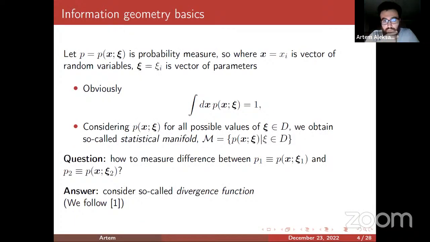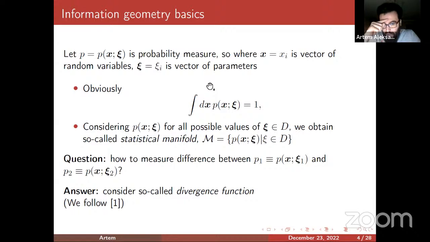We start from a very simple object. We start from the probability distribution. It is the function p. Here, x is the vector of random variables, and xi is the vector of parameters. Of course, this probability distribution function is normalized to unity.